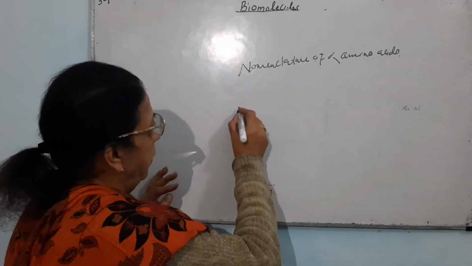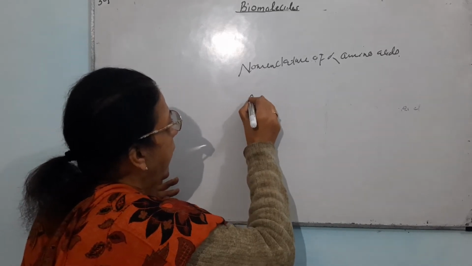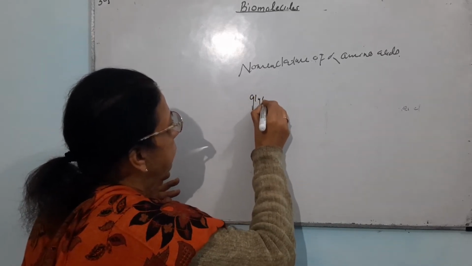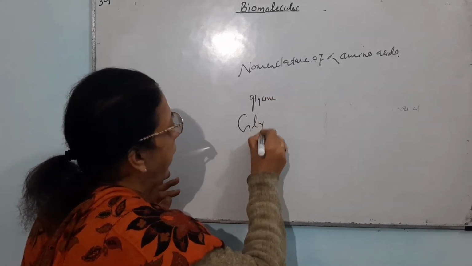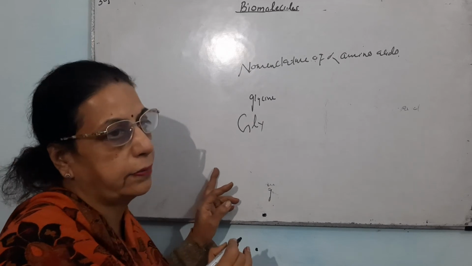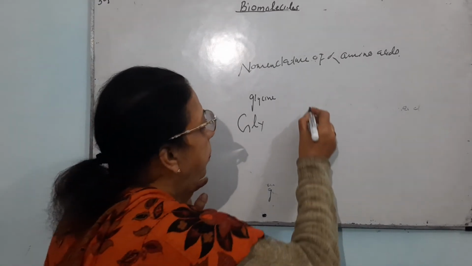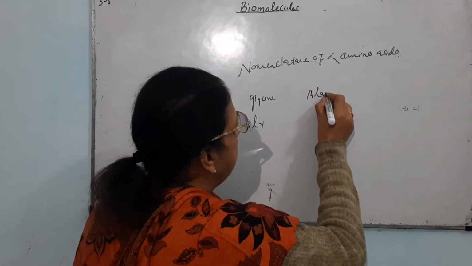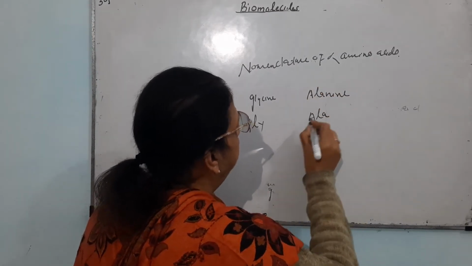For example, if we have an amino acid like glycine, this will be spoken as Gly. It is given by a three-letter word. Suppose we have the alpha amino acid alanine, that will be written as Ala.